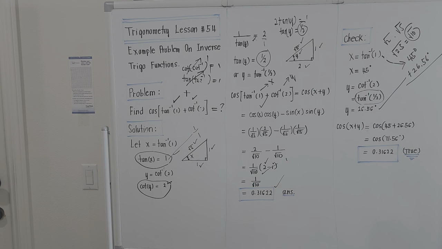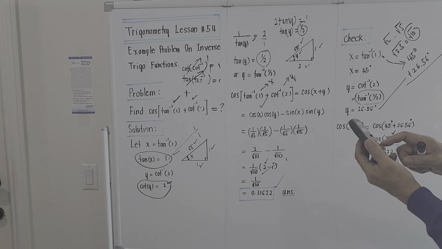And if we try to take the sum of these, what will come out will be 71.56 degrees. We take the sum of the angles inside, it is 71.56 degrees. The problem is just asking what will be the cosine value. So we'll just display 71.56 here.